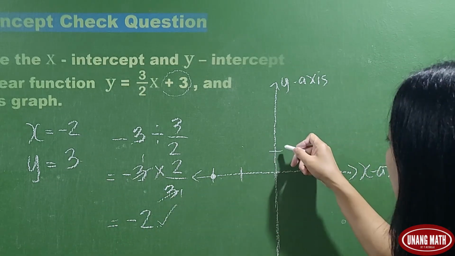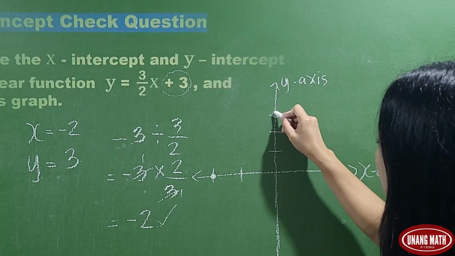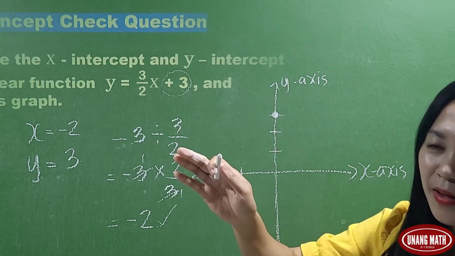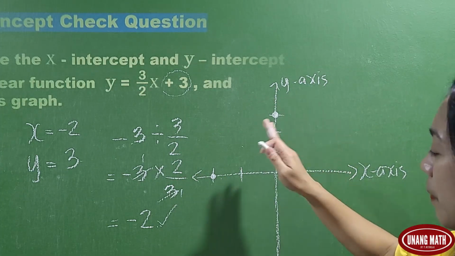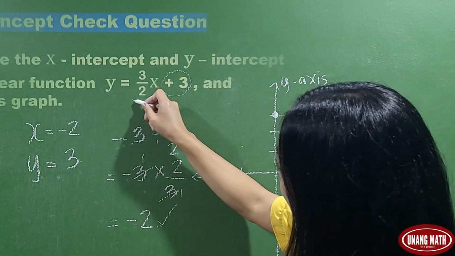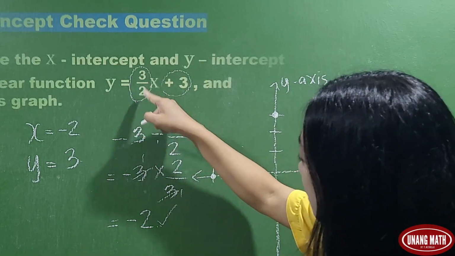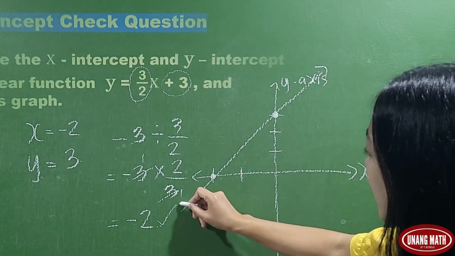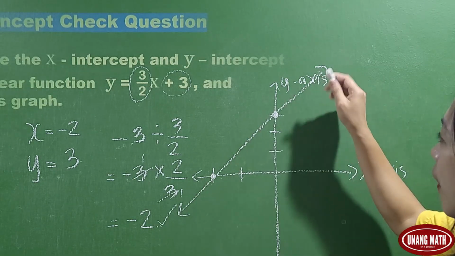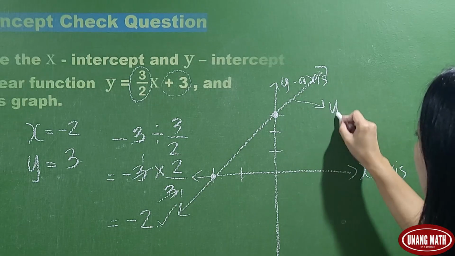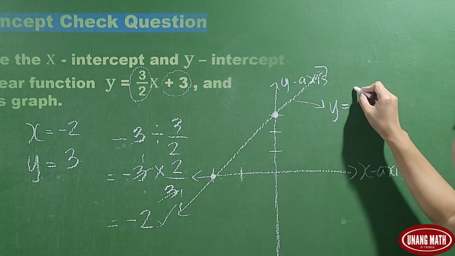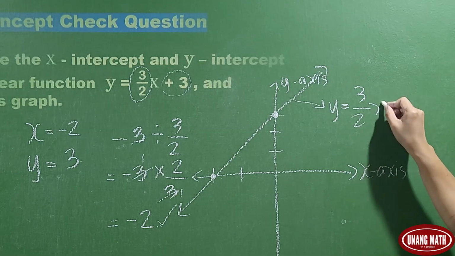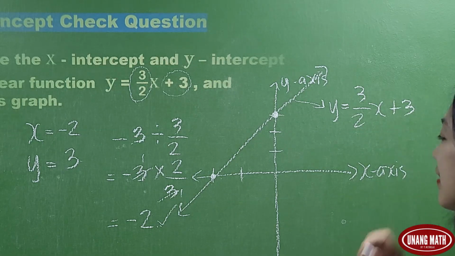Positive 3. So, 1, 2, 3, this point. Let's connect the points. Since the value of A is a positive number, then the graph slopes upward. So this is now the graph of y is equal to 3 over 2x plus 3.